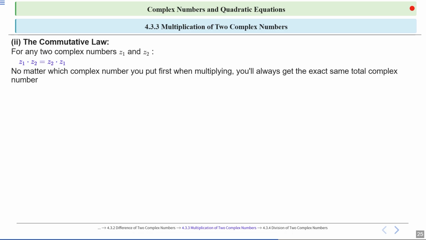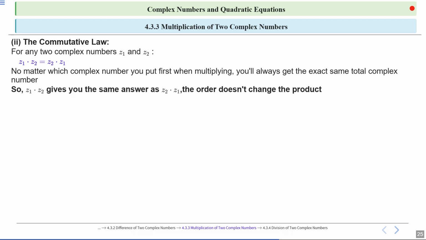So whether we multiply z1 by z2 or z2 by z1, we always get the same complex number as the product. So to sum up, z1 times z2 gives us the same answer as z2 times z1. So the order of the multiplication doesn't change the product.